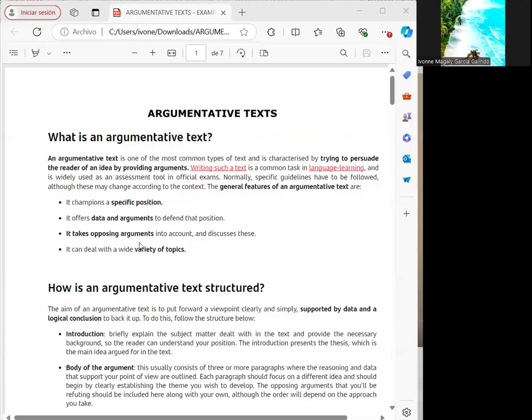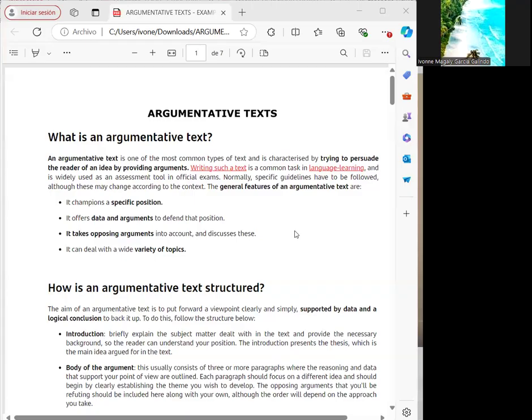That's something most of your tests lack. You need to take into account opposite ideas, opposite points of view, and discuss them because you are trying to convince others.